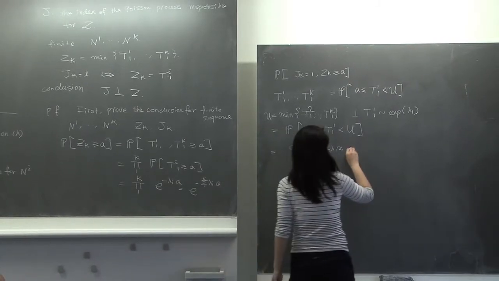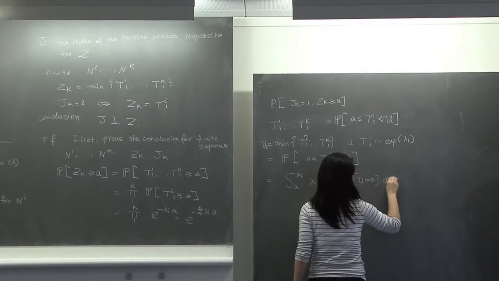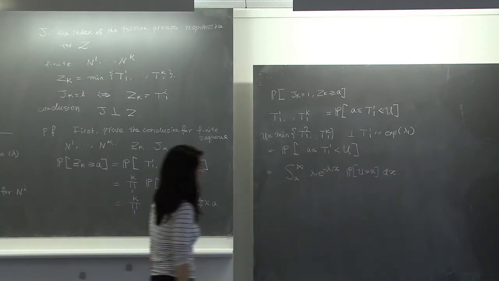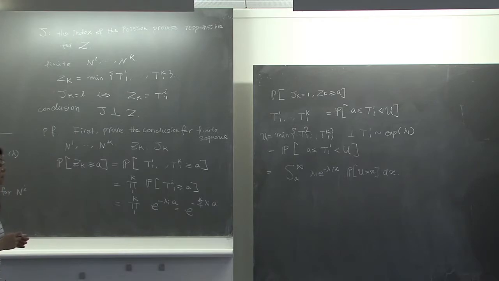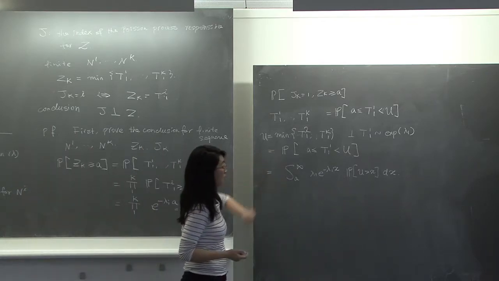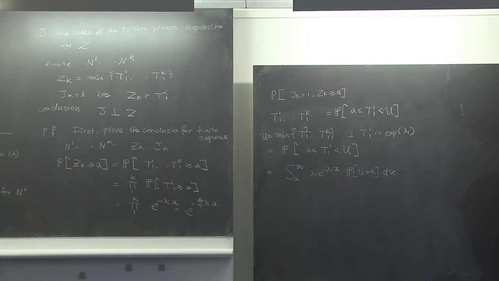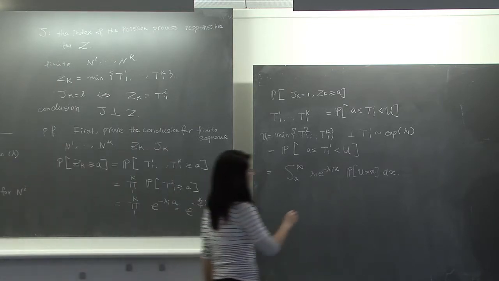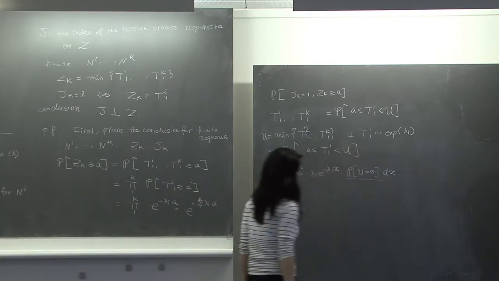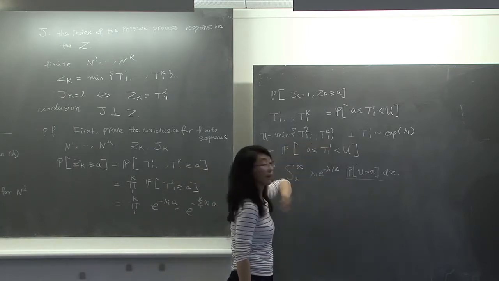And now we are calculating the probability that U is greater than x. Here we can write out explicitly what this probability is according to the density of T11. For this event, U is greater than x, we know that U is the minimum from 2 to k.